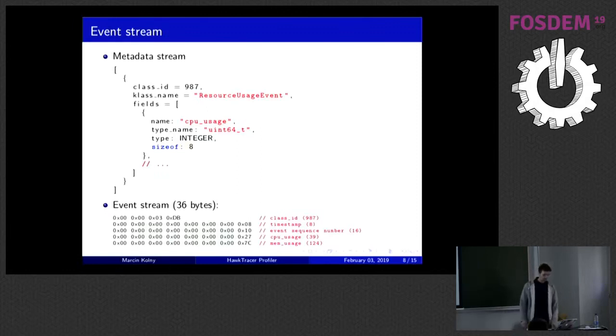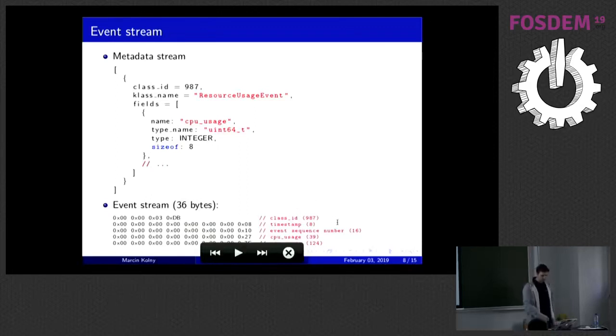So first, before we send any events, we send the metadata stream, and it basically contains information about all the event classes that you registered. So it contains information about the class name, about the class identifier, and all the fields that are defined in the class.